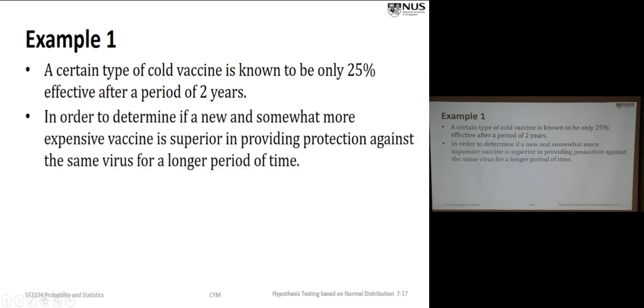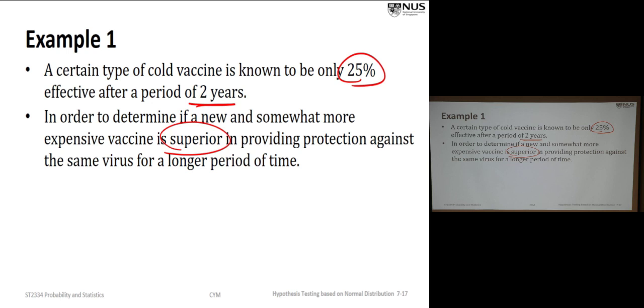In order to determine if a new and somewhat more expensive vaccine is superior, now this is the existing one, and I have a new vaccine that I want to check is superior, providing protection against the same virus for a longer period of time. So in other words, with 25% as a reference point, it should be better than 25%.